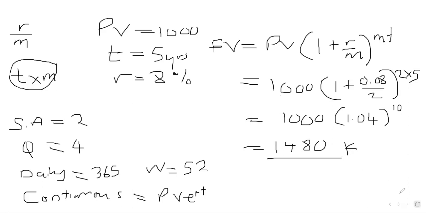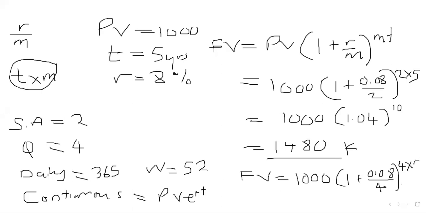Quarterly, who wants to lead us through the computation? What do we write here? Future value is equal to what? 1,000, open brackets, 1 plus 0.08 over 4. Correct, because it's quarterly. Brackets, 4 multiplied by 5.